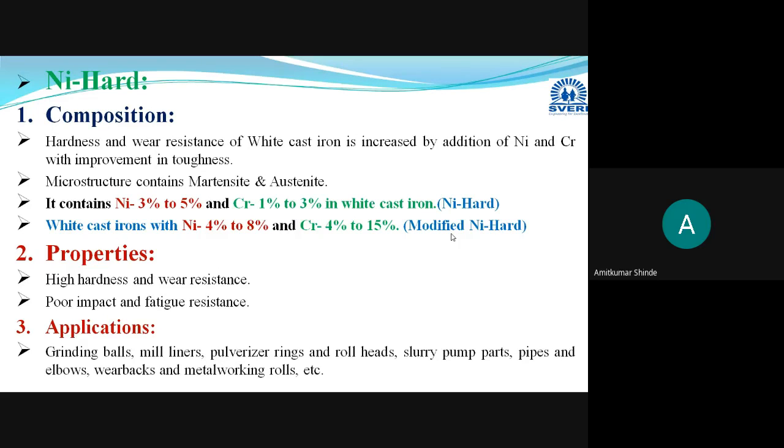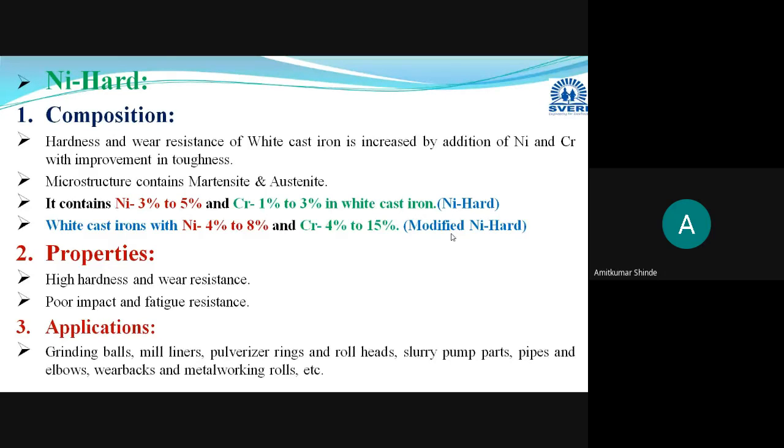Now after seeing these different compositions, regarding the properties we have already discussed, it will have very high hardness and high wear resistance. But as hardness and wear resistance are more, its fatigue resistance or impact resistance is very low.